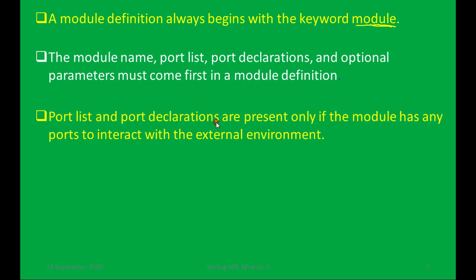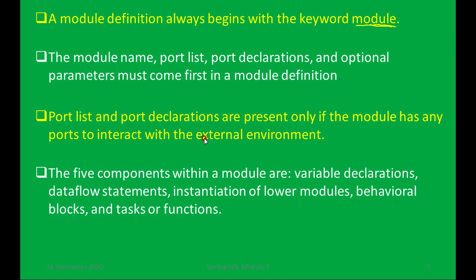Port list and port declarations are present only if the module has any ports to interact with the external environment. The 5 components within the module are variable declarations, data flow statements, instantiation of lower level modules, behavioral blocks, tasks or functions. So all these things we can write within a module.